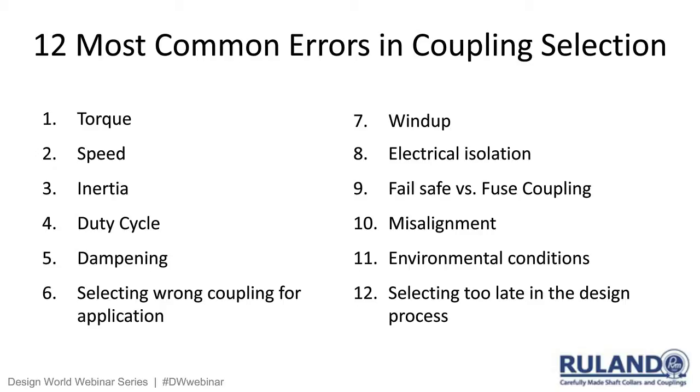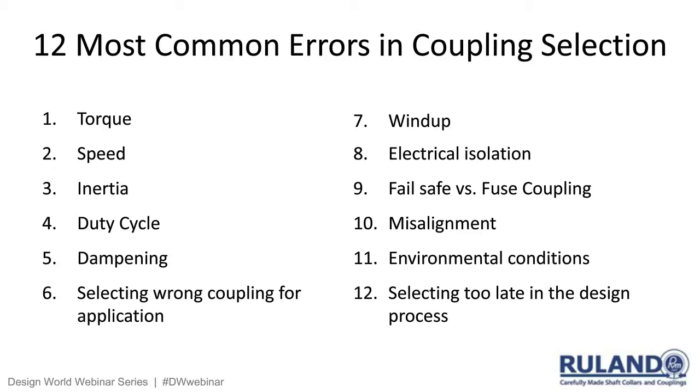We run into applications all the time where the design's done, the shafts are very close together, but they need an element type coupling and the room isn't there, and you end up having to move things around to accommodate. So it's nice to have that information up front before you finalize your design.